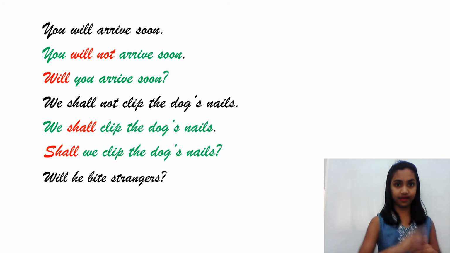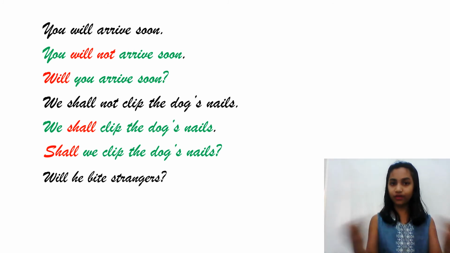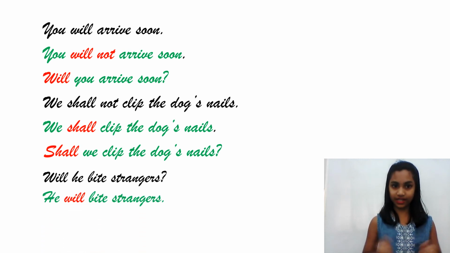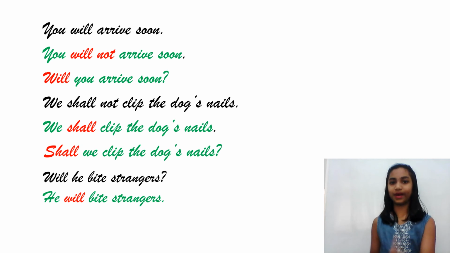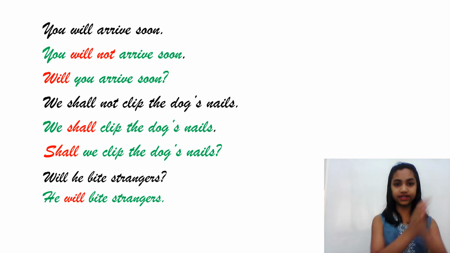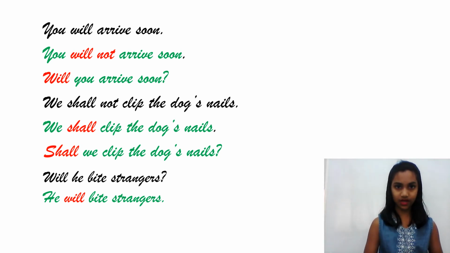So that is a question. How will it look in a positive one? Let's see. He will bite strangers. Over here, we just swap the places of will and he. He goes first and will goes in the second place.